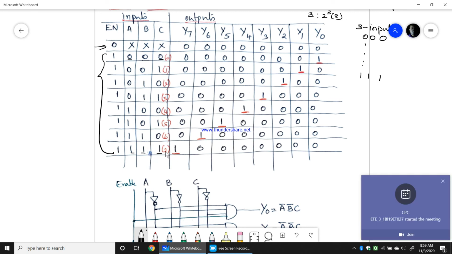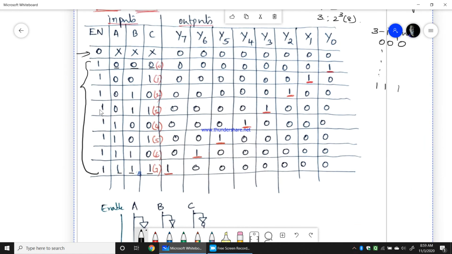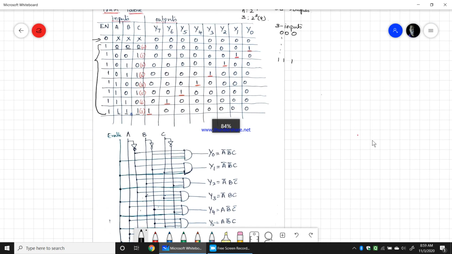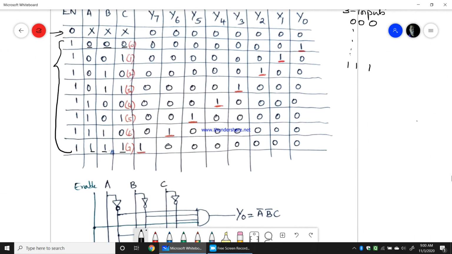These decimal values will select the outputs. So 0 0 0, which is 0, therefore y0 will be selected.